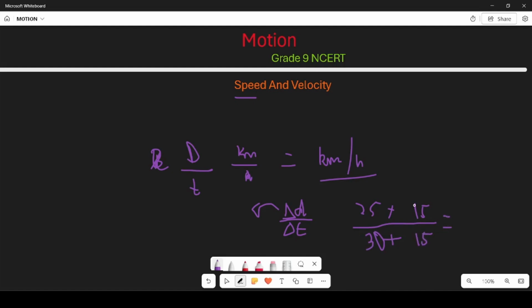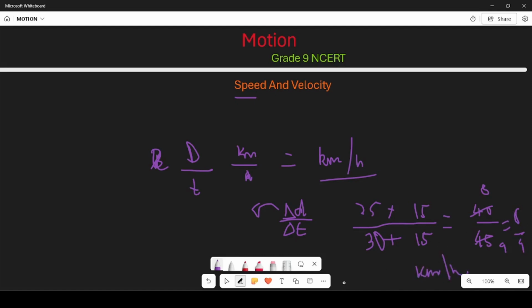So the average speed would be 25 plus 15, which is 40, divided by 45. When we cancel these out, it's 5; 5 goes into 40 eight times and into 45 nine times. So it would be 8 upon 9 kilometers per hour.